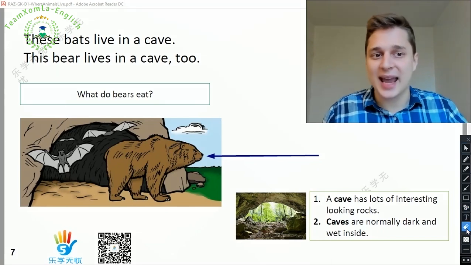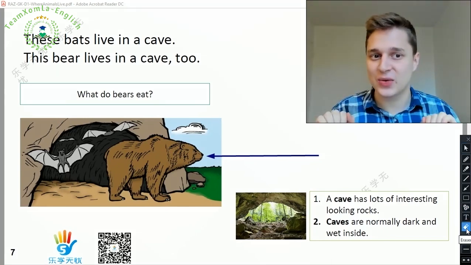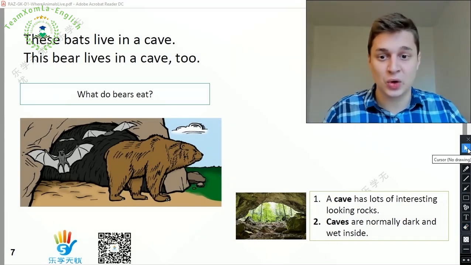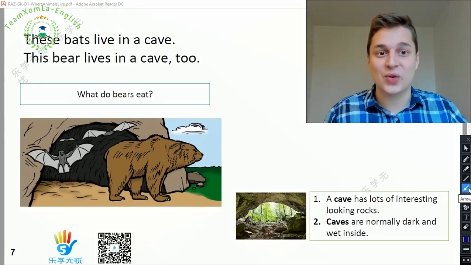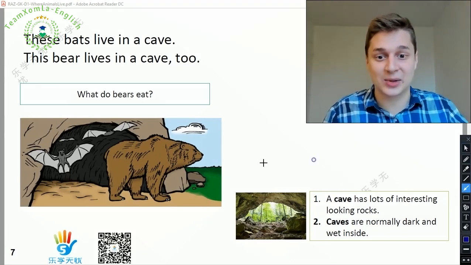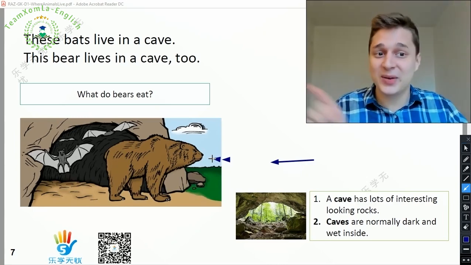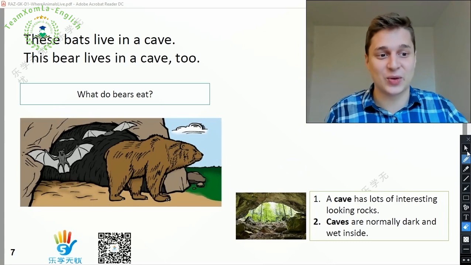Bears and bats have a different reason for living in the cave. It's not to find food or water. It isn't to stay safe from other scary animals. 'Cause what is the bear scared of? A bear is scared of no animal in the forest.